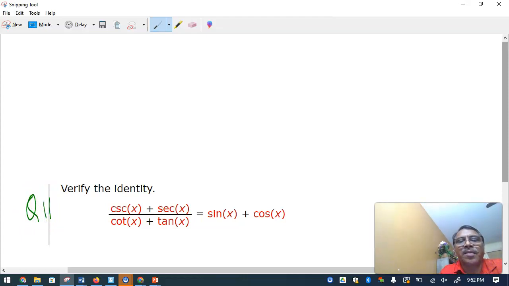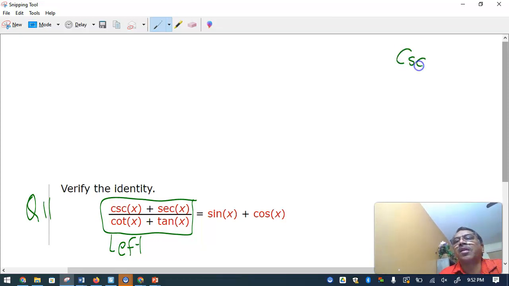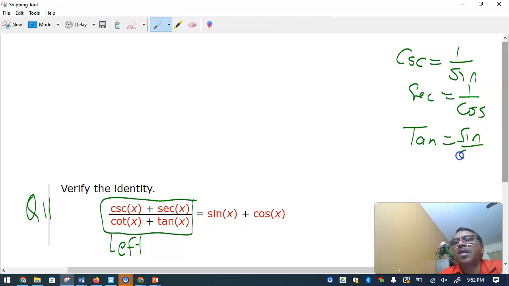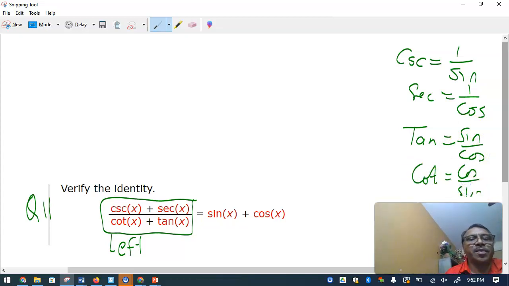Again, I'll start with the left side, because this looks a little hard, and replace everything so you have all of them changed. Cosecant is 1 over sine, secant is 1 over cosine, tan is sine over cosine, and cotangent is cosine over sine. So let's substitute.